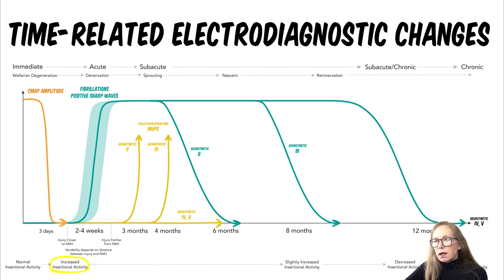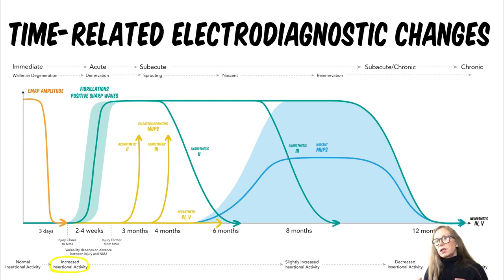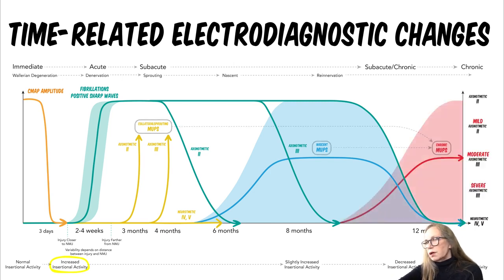If you don't see motor units ever, then of course you're heading towards a neurotmetic injury. Later on, those nascent units will reach target. And then eventually, all of the units, whether they're the collateral sprouting or the nascents, their morphometry will change, they'll mature, they'll start expanding, working 5 times as hard, and they'll take on the morphometry of a chronic unit.